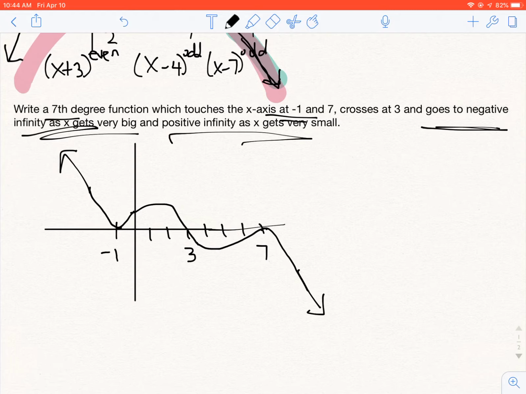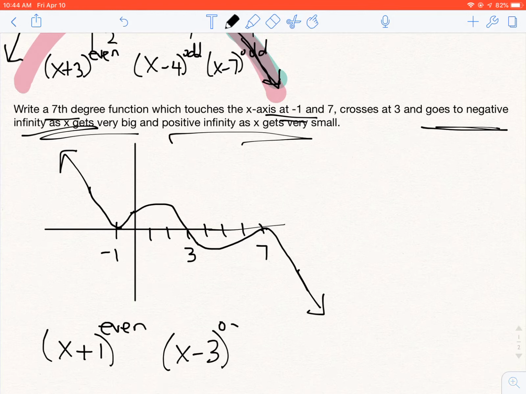It touches at x equals -1, so x plus 1 to some even power because it touches. I know that x minus 3 to some odd number and x minus 7 to some even number.